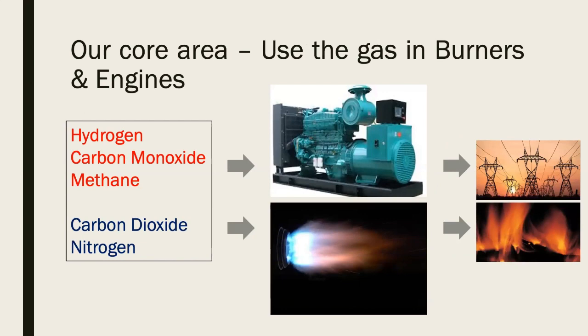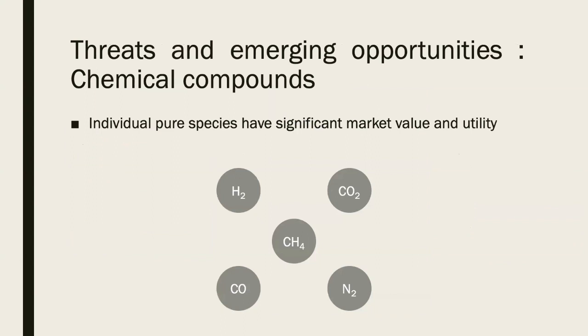So this is what is our bread and butter, trying to understand the basics involved in conversion of biomass into different types of gases, how best we can convert, and then how efficiently we can use these gases for downstream processes.